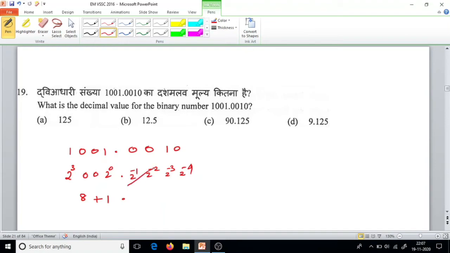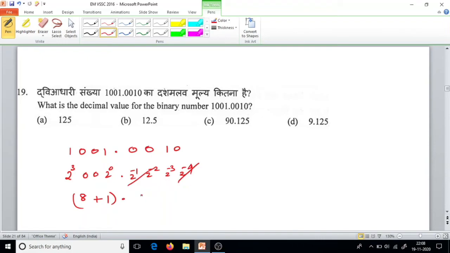These 3 also get cancelled because all of these are 0. I hope all of you know how to convert, how you got 8 plus 1.